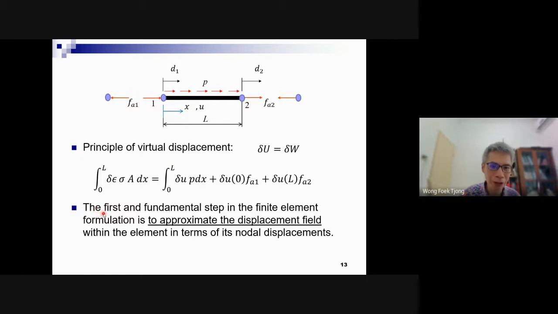So the first and fundamental step in the finite element formulation, once we have the weak form, is to approximate the displacement. How about the virtual displacement? We just take the same form as the approximated displacement. That's how we formulate the finite element. This is the basic principle.